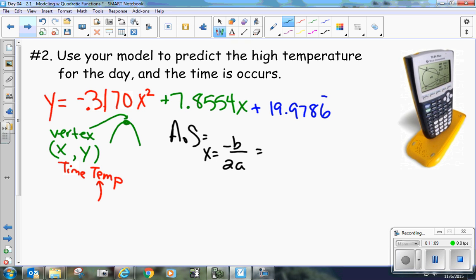Yeah, it's 7.8554. So I negate 7.8554. All over 2 times my a value, which is negative 0.3170. Put that in your calculator and tell me what you get.